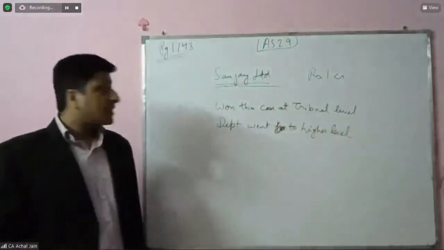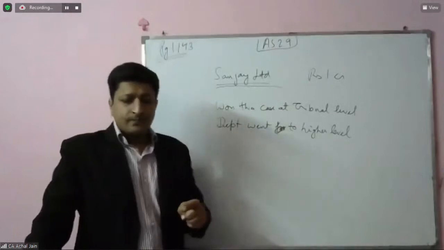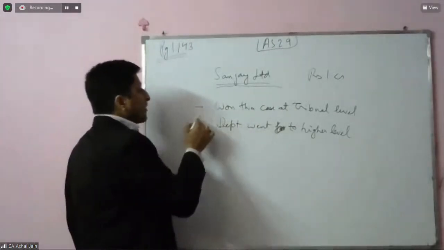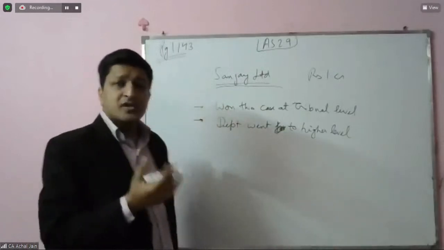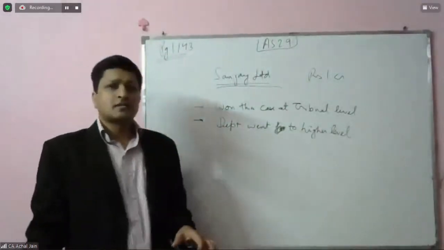So now what is the result? That this matter is still under litigation. But the good thing is that the company has something positive at the background, that they have won the case.